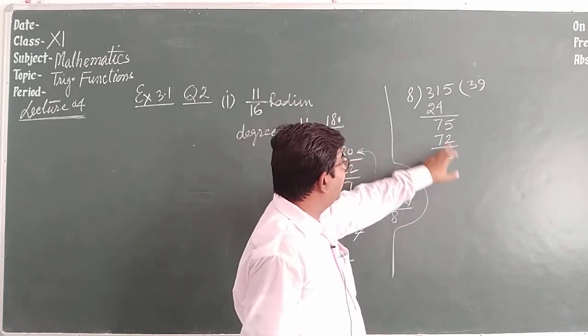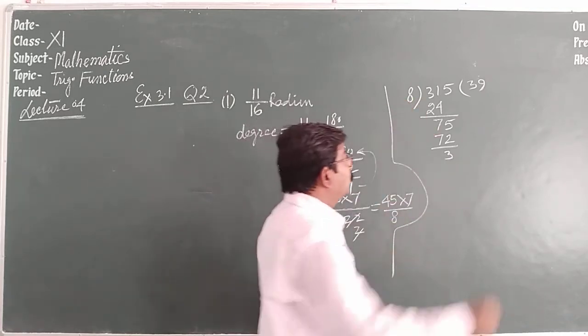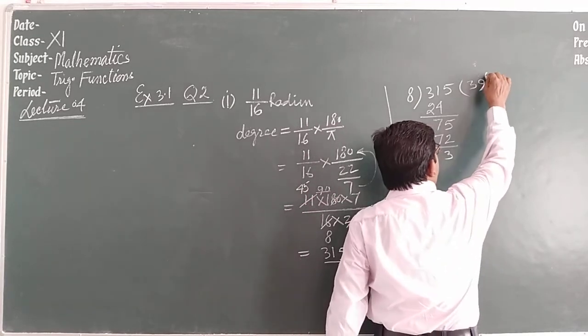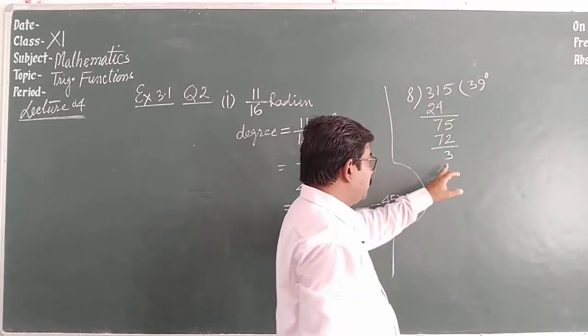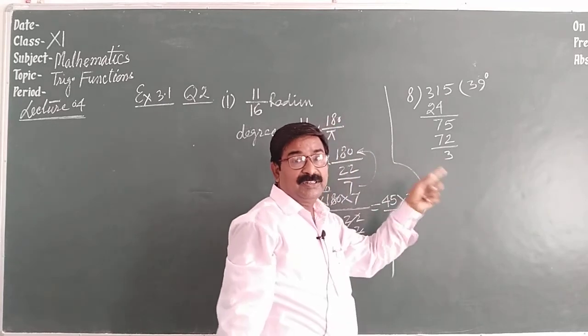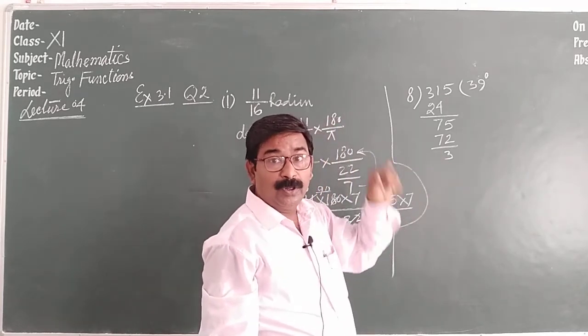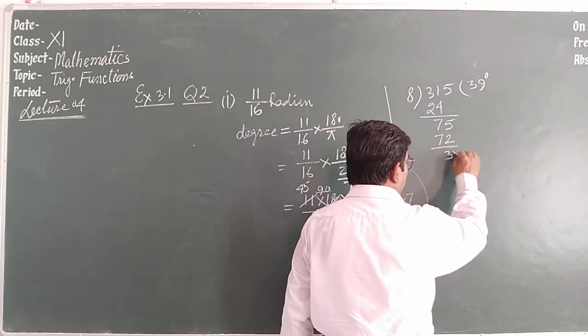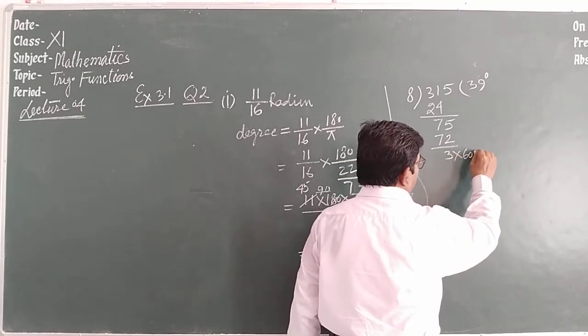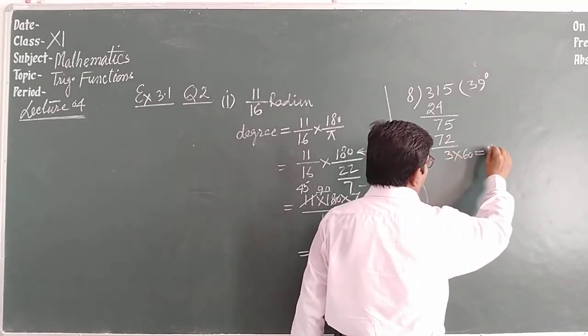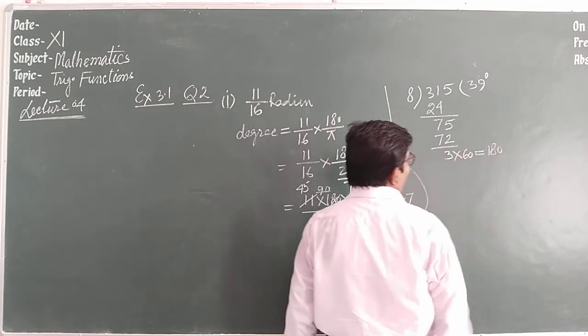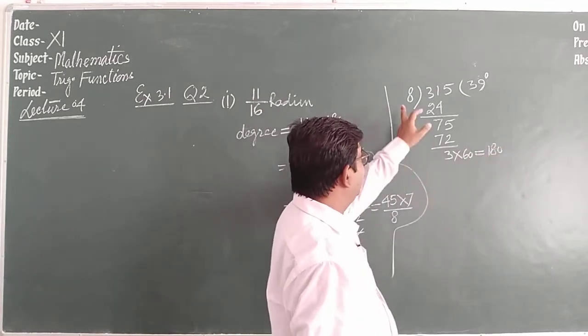Now 3 degree cannot be divided by 8. So up to this becomes degree. Now this 3 cannot be divided, so this degree can be converted into minute. So 3 into 60 is equal to what? It becomes 180. Now divide this 180 by 8.